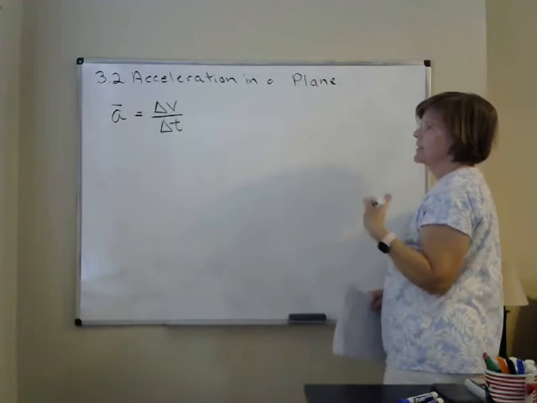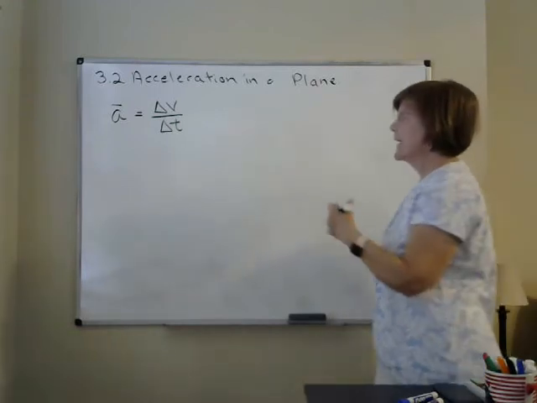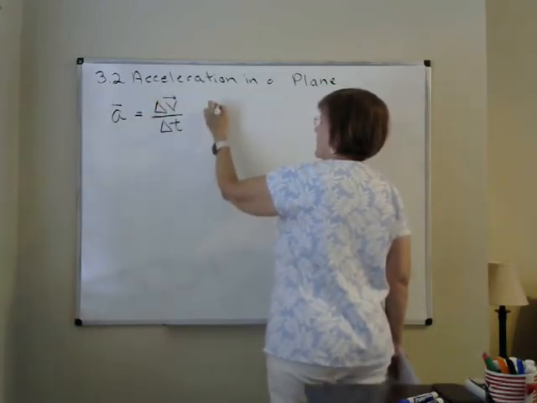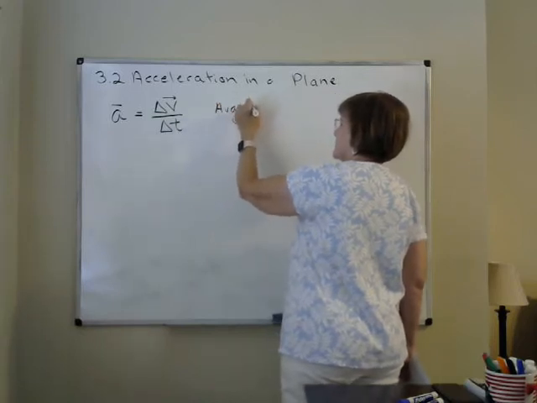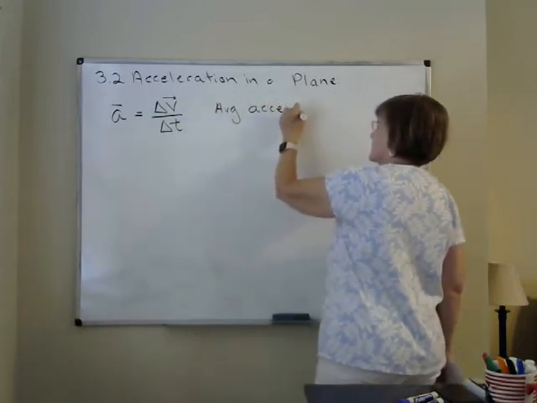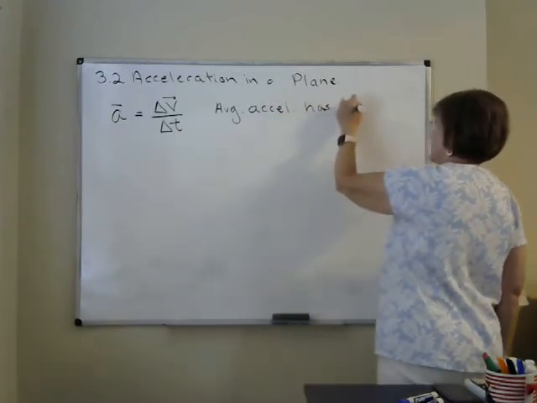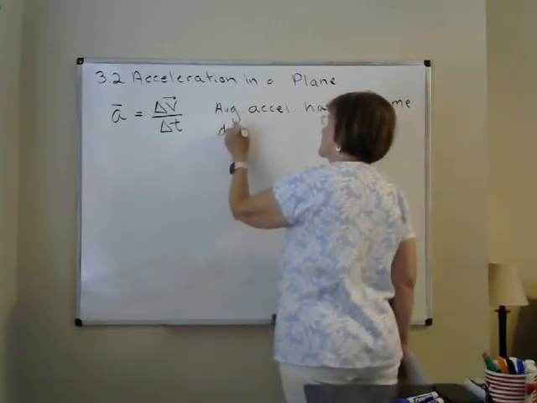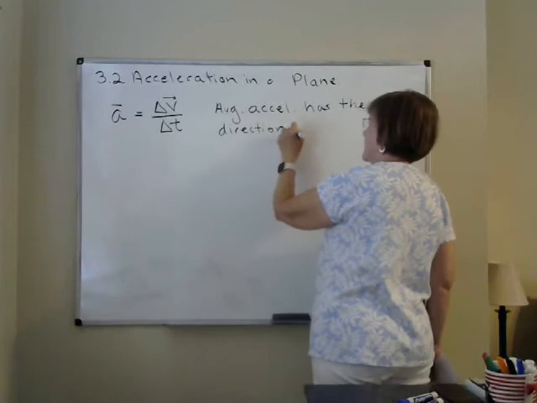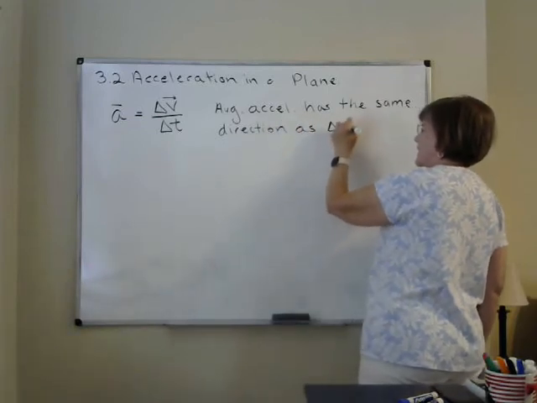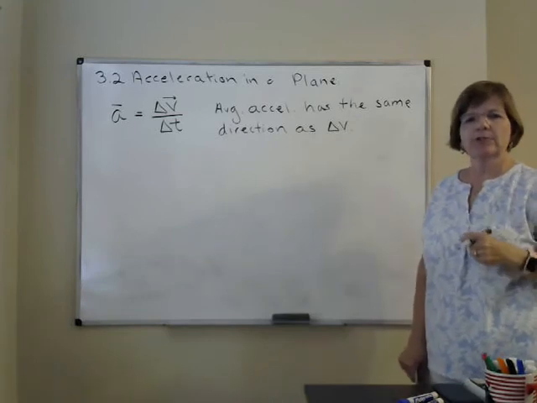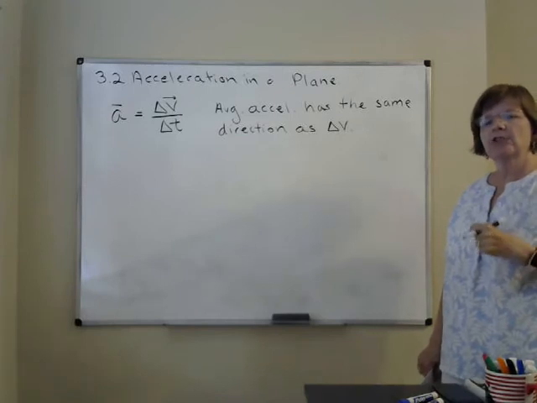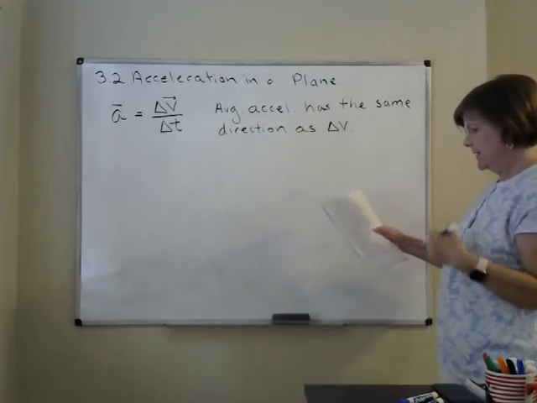We know average acceleration is a vector. It has to point in the same direction as the average velocity, also a vector. So the average acceleration has the same direction as delta V. Notice that's not necessarily the same direction as the velocity. Probably isn't the same direction as the velocity. It's in the direction of the change in velocity, and that's really important.